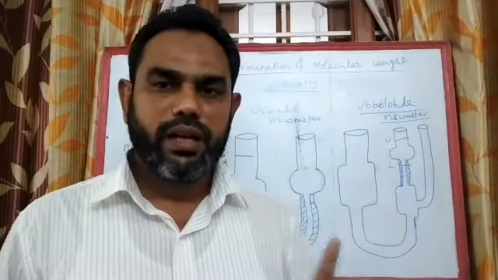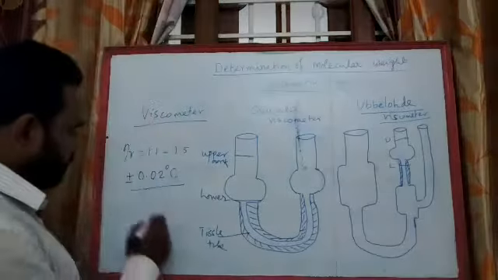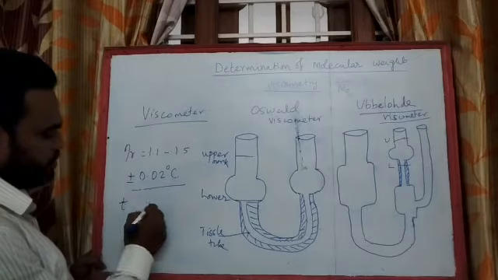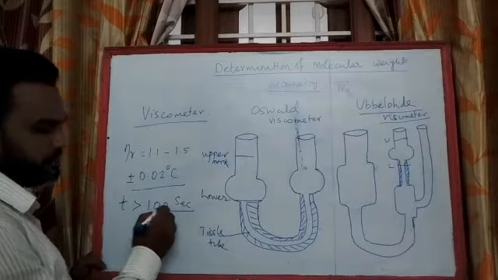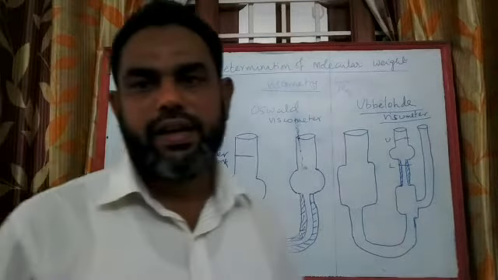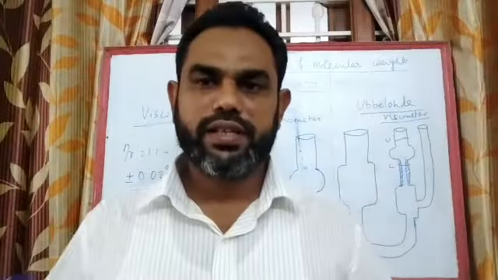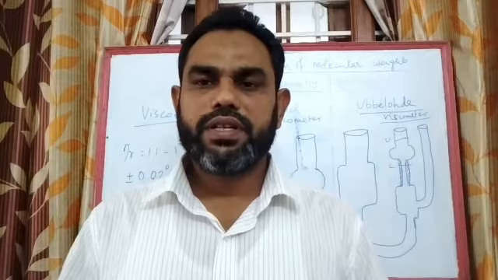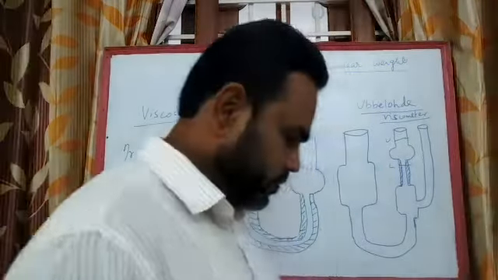Number two, the temperature should be maintained constant, and the flow time of a particular concentration solution should be greater than 100 seconds. If the solution flows much faster, less than 100 seconds, then the measurement becomes inaccurate.